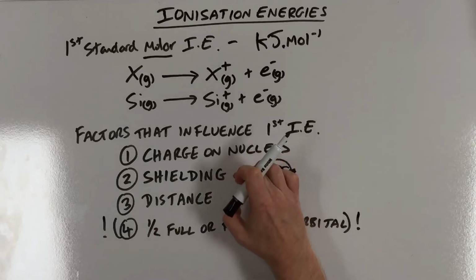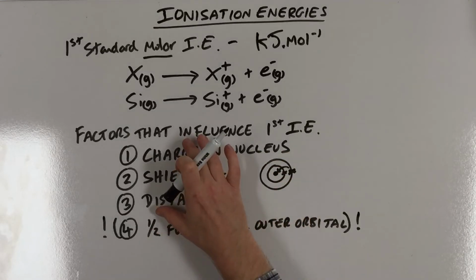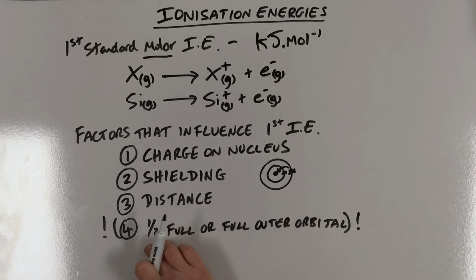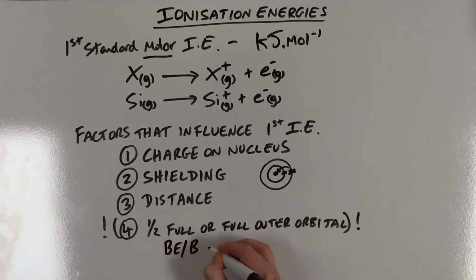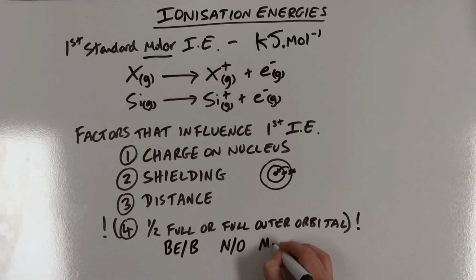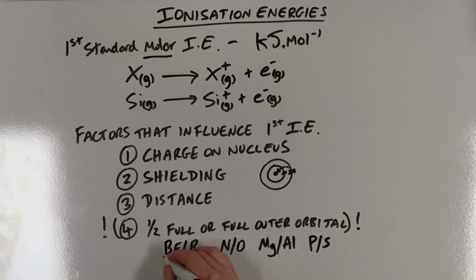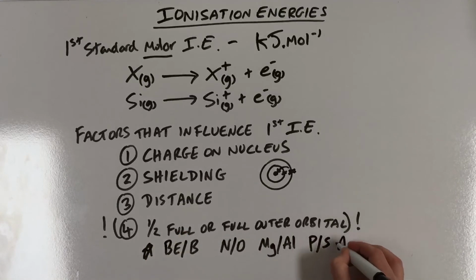You need to use these to explain it. If they can't explain it, this must be the thing to explain your exceptions. They are basically the difference between beryllium and boron, nitrogen and oxygen, magnesium and aluminium, and phosphorus and sulfur. These are your exceptions, but I'll go into these in more detail in a later video.